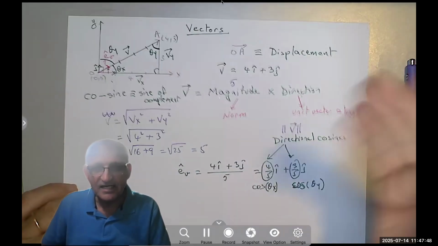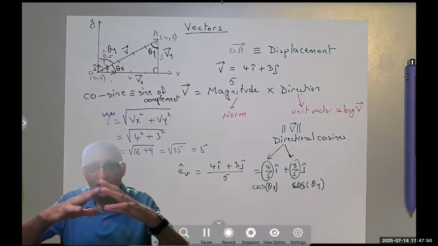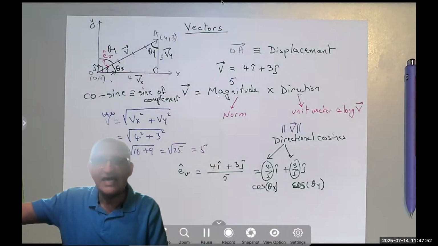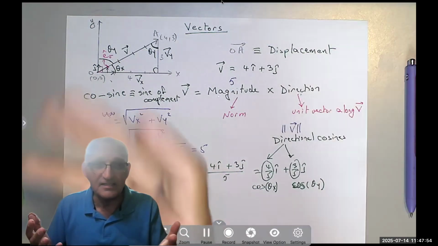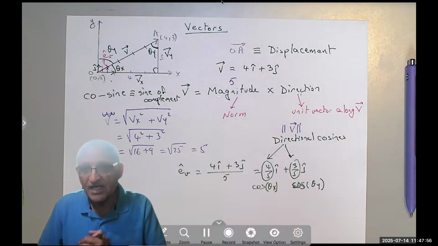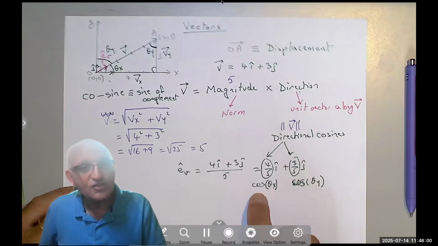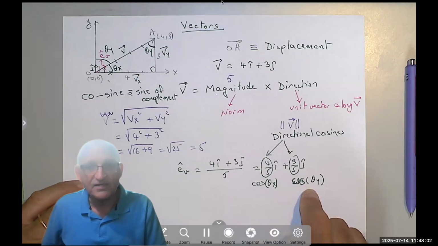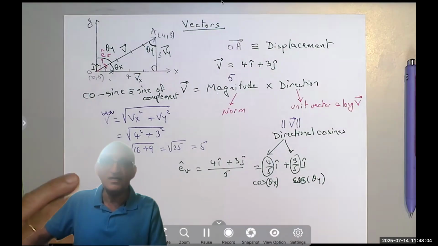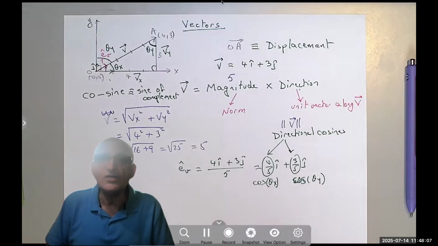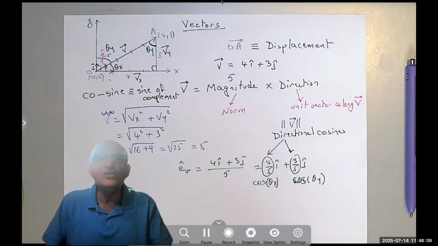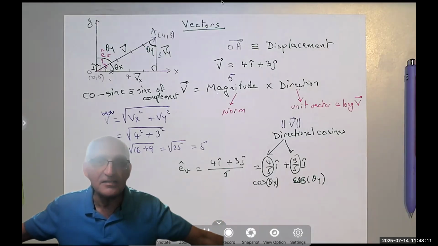Later, when we go to 3D or even n-D, even if you cannot visualize it, if you go to n directions, you will find that cosine square theta x plus cosine square theta y plus cosine square theta z plus and so on equals 1. That's a very universal law of cosines.